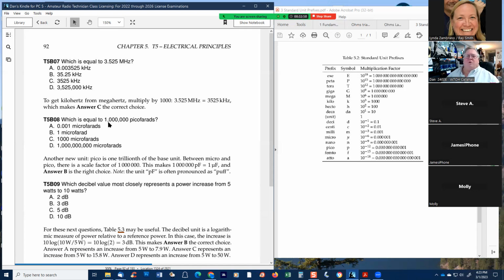What's equivalent to 1 million picofarads? Here's the trick one. If we look over here, picofarads has 1, 2, 3, 4. It's way out here. And from pico to micro is a million. So we can lop off those. It's going to be 1 microfarad.